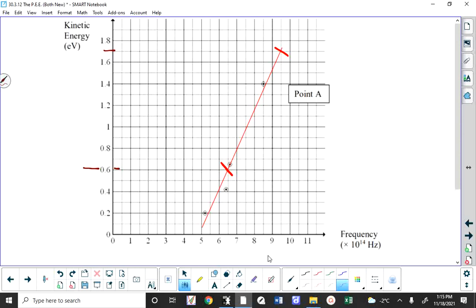That rise is 1.1 electron volts. And my run is from 6 to 9.5. Correct me if I'm wrong, that's 3.5. So my run would be 3.5 times 10 to the 14 hertz.